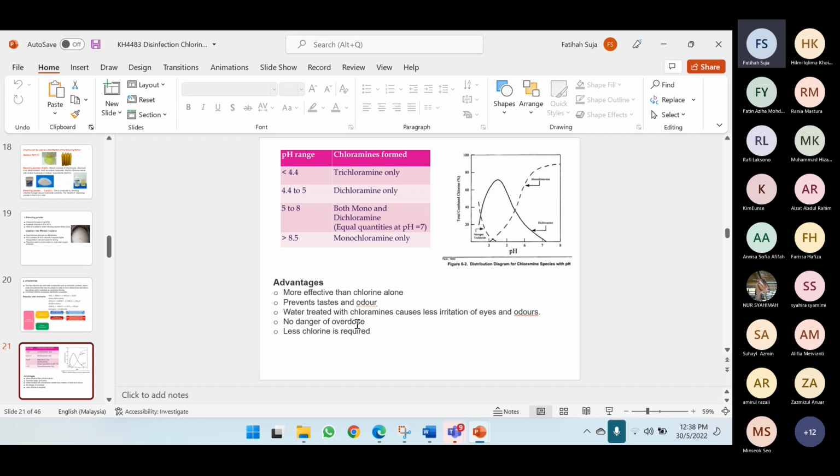So you use chloramine. Water treated with chloramine causes less irritation of eyes and odors. No danger of overdose, because if you overdose chlorine, you will get something else that we will discuss later. Less chlorine is required because you have already combined the chlorine with ammonia.